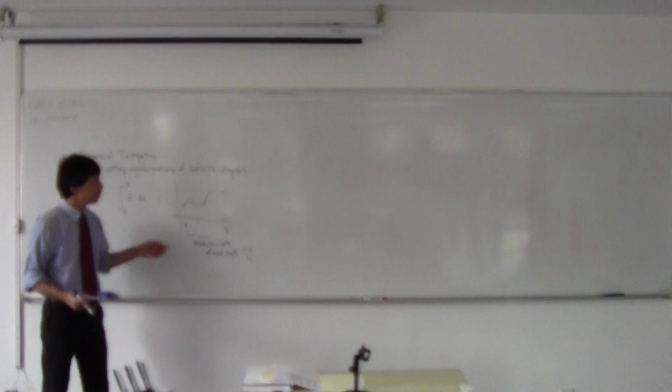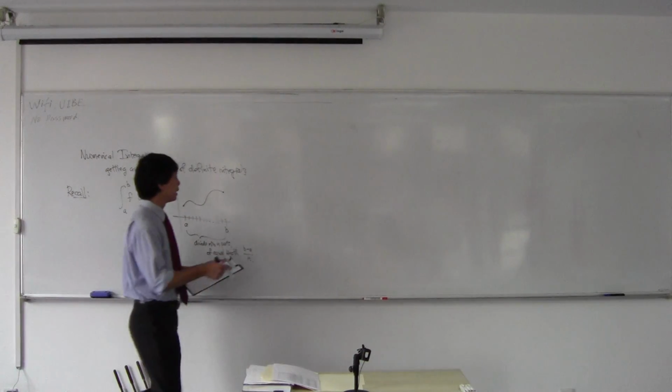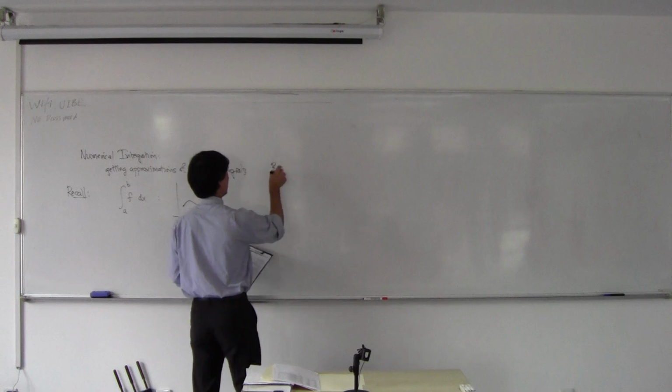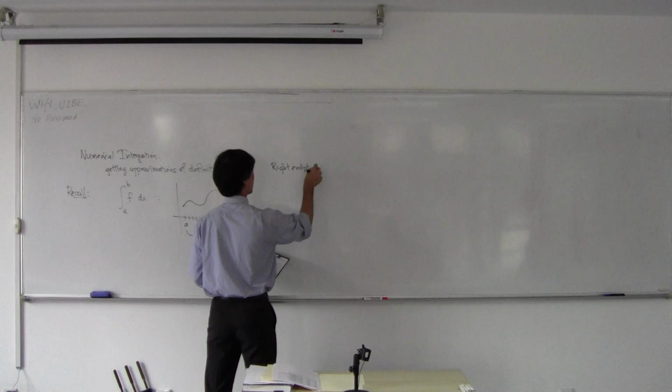Then one way of approximating the integral is to do something called the right endpoint approximation.